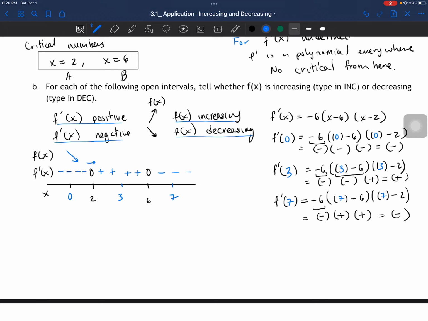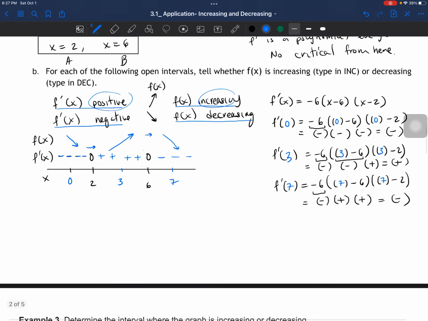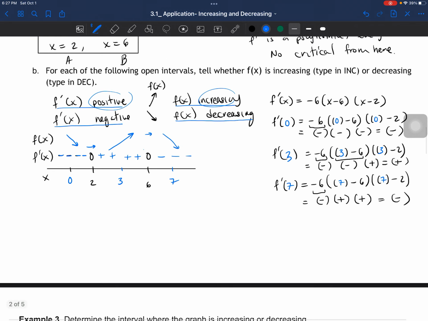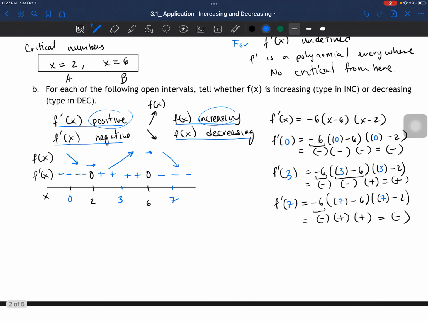And then you have 0, that's flat. And then the derivative is positive, so that means the function is increasing for that interval. And then it's flat, and then it decreases over here. Because the derivative is negative, the function is decreasing.